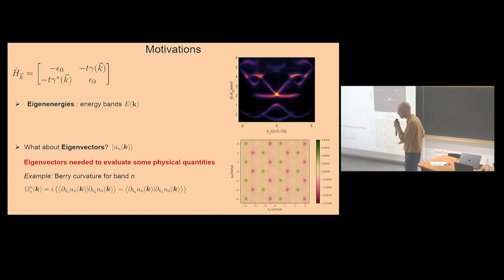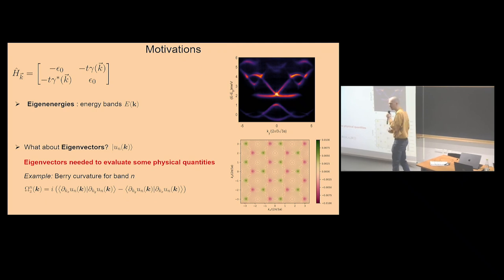So some motivations quickly. As you saw in the previous section, we discussed mostly the measurement of the dispersion. So it's the energies versus k. So we have basically been characterizing thoroughly the eigenenergies of this Bloch Hamiltonian. What about the eigenvectors? It turns out, as we saw in Jacopo's lecture, that sometimes the eigenvectors are needed to evaluate some physical quantities that are relevant to the system.